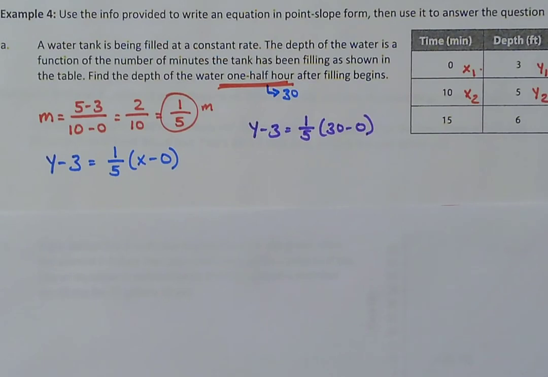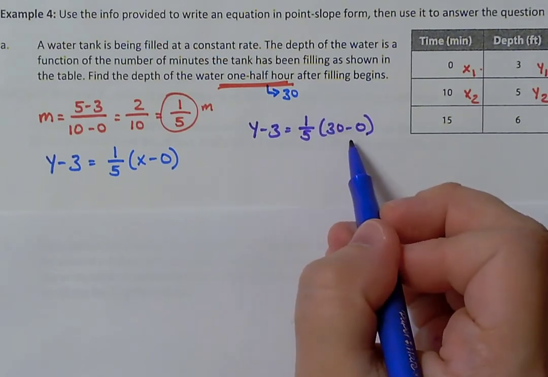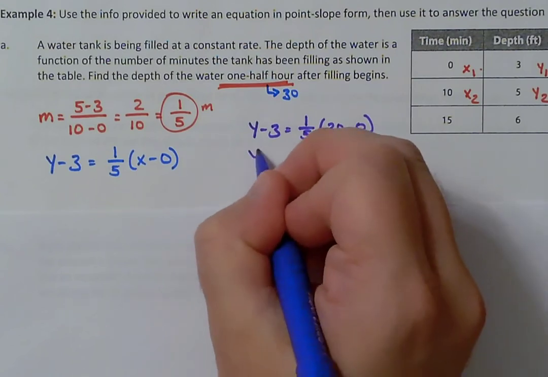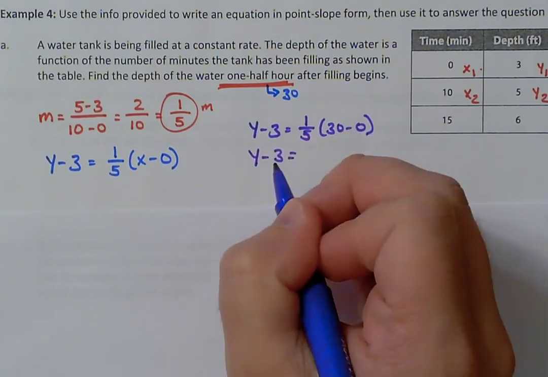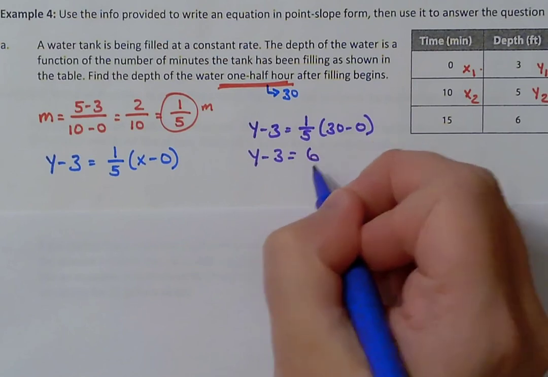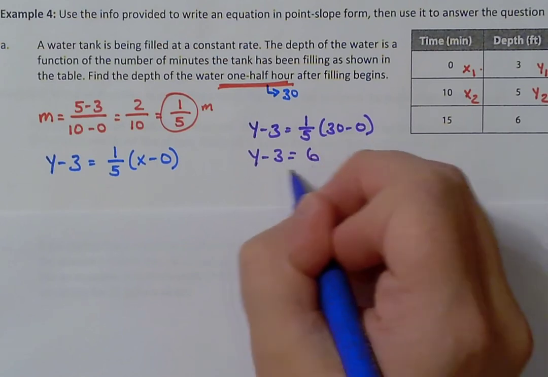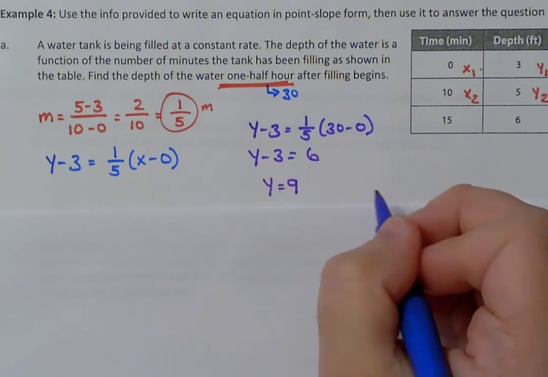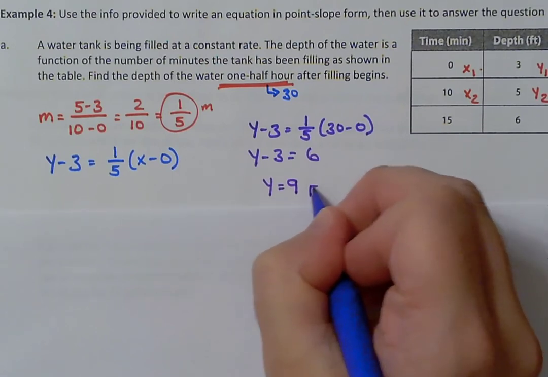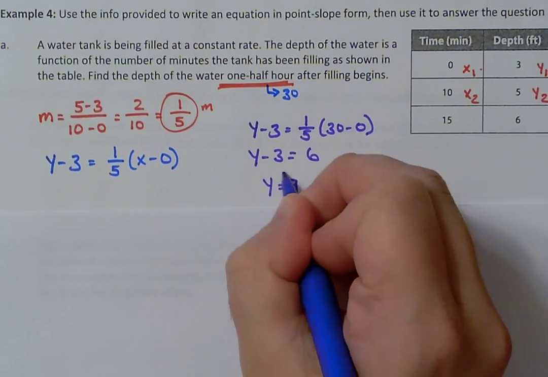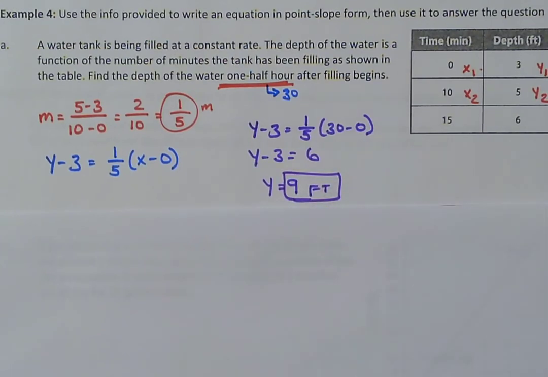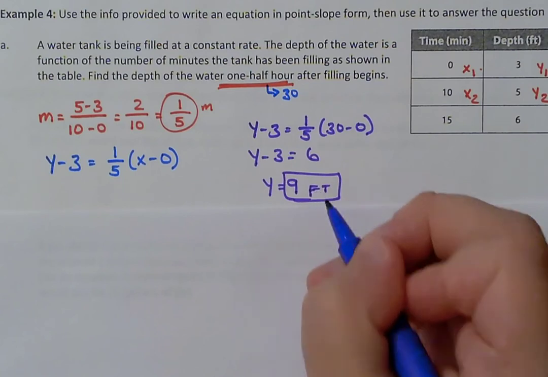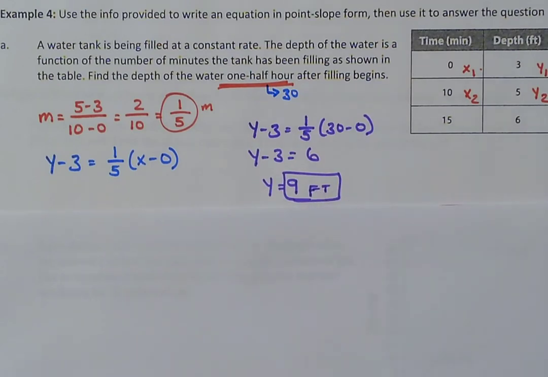If I solve, 1/5 times 30 gives us y minus 3 equals 6. If I add the 3, 6 plus 3 is 9. So I get y equals 9. That means after 1/2 hour, the depth is 9 feet. And that is how you do example 4, part A.